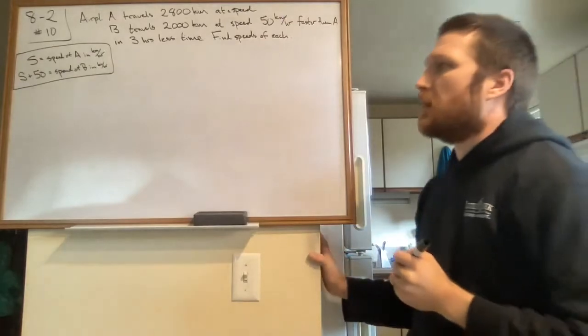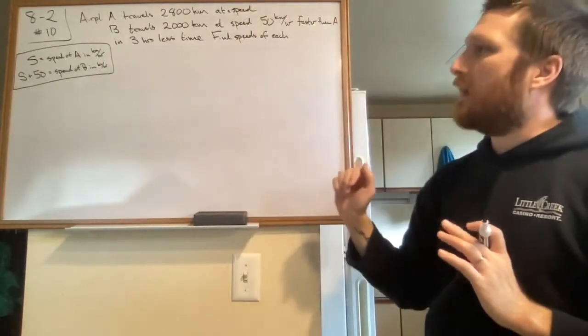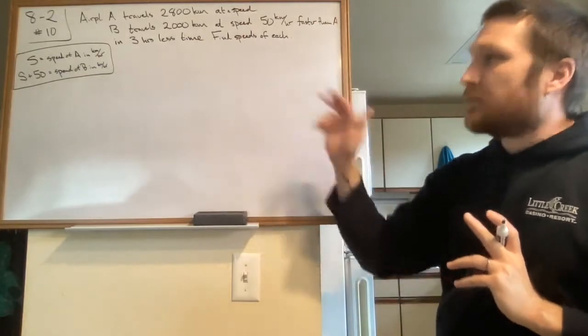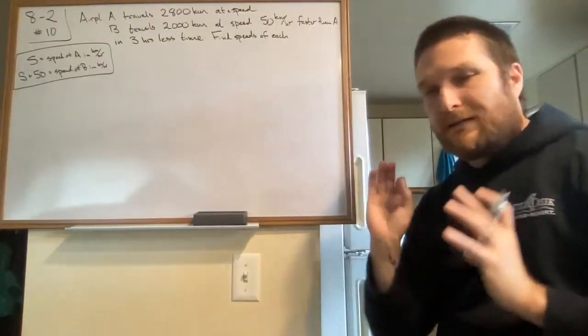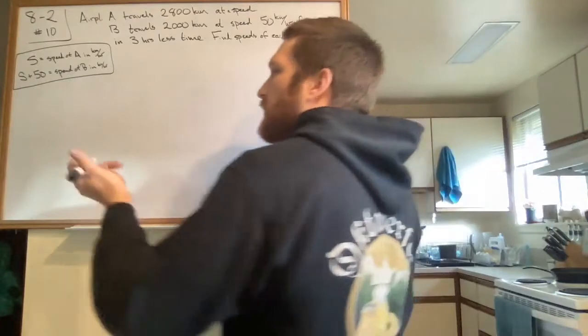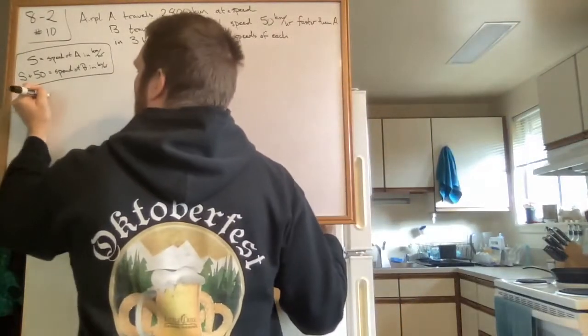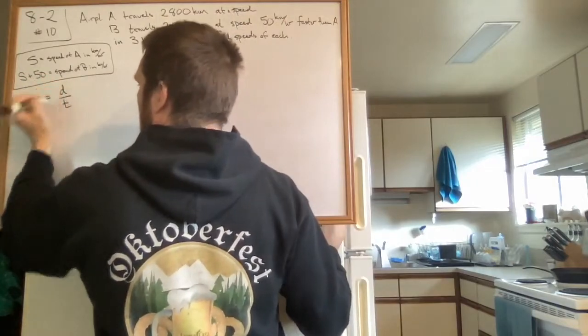Now, it says that we travel a certain distance in a certain time and at a certain speed. So I'm going to also write down how we could relate distance, rate, and time together. We can think of rate, or in other words speed, as distance over time.